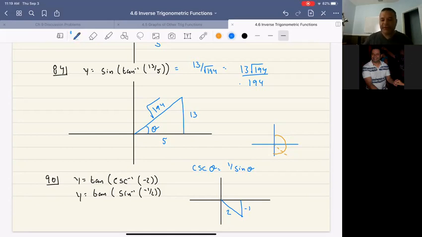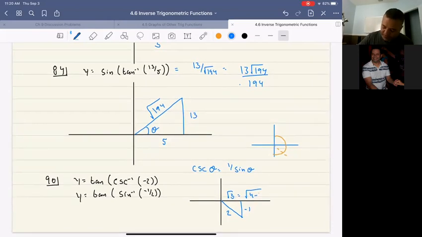Now, I've got to find this x. This x is going to be what? The square root of 4 minus 1, right? Because we're taking the square root of this squared minus this squared. So x is the square root of 3.